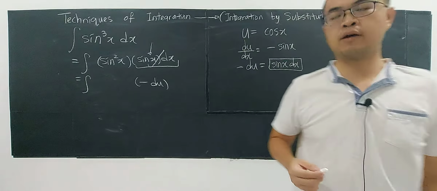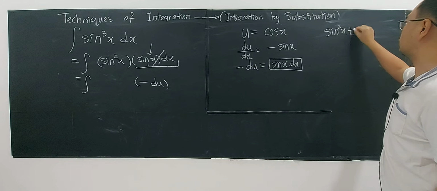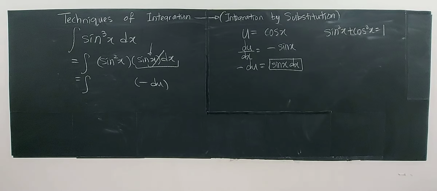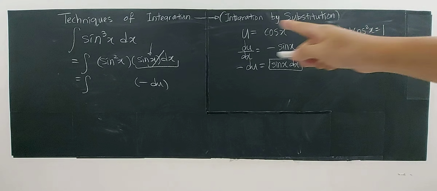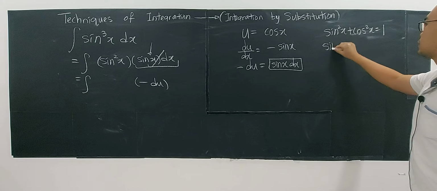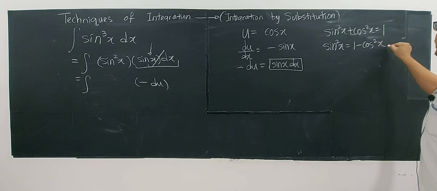trigonometric formulas very well, as we know that one of the formulas is sine square x plus cos square x equals 1, right? The Pythagorean identity. If you know this formula, you know that sine square x can be rewritten as 1 minus cos square x, right?